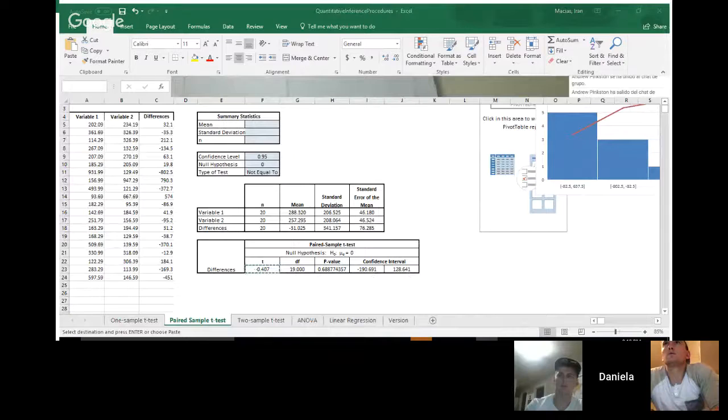And what's our null hypothesis? The null hypothesis is that the mean of D equals 0. Yeah, so the alternative we're testing is that it's not equal to 0.